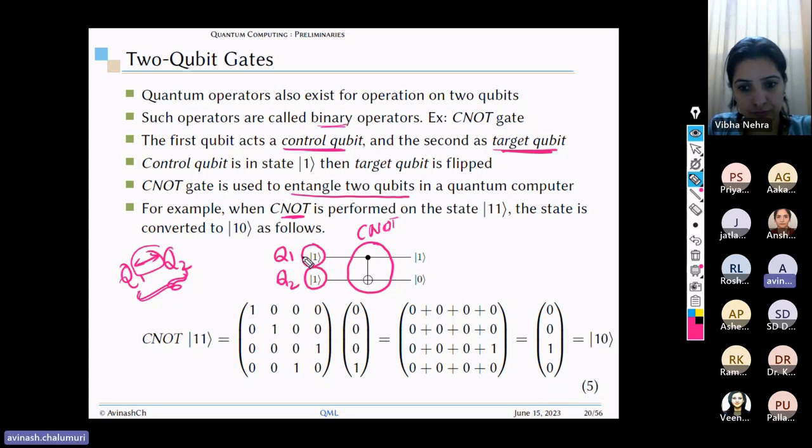Whenever the initial state of the control qubit is 1, the target qubit will be flipped. As the state of the control qubit is 1 here, the target qubit is flipped. The target qubit is 1, so it is flipped to 0. So the final state becomes 1, 0. The initial state is 1, 1, it is passed through the CNOT gate, and the final state becomes 1, 0. That is how we can perform entanglement on these 2 qubits.